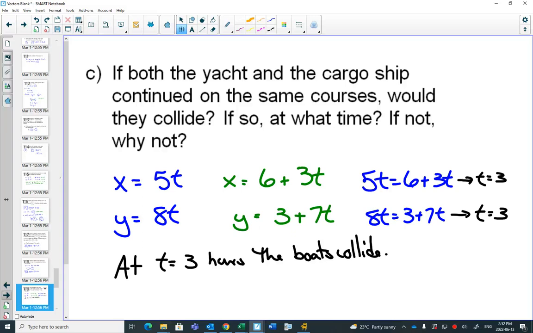Because the time equals 3 hours, at 3 hours they will be exactly at the same spot. We could put 3 into the equation and find out that it would be 15 kilometers in the x direction, 24 kilometers in the y direction. That will be the point where the two boats would collide.